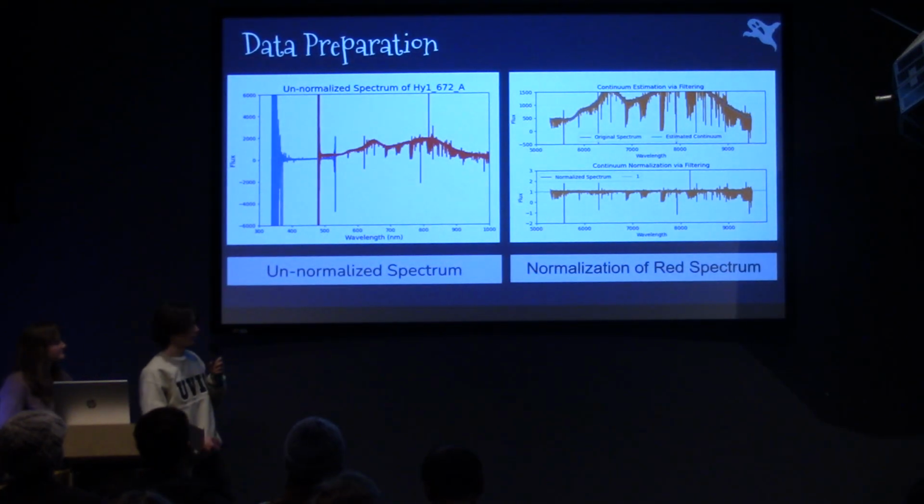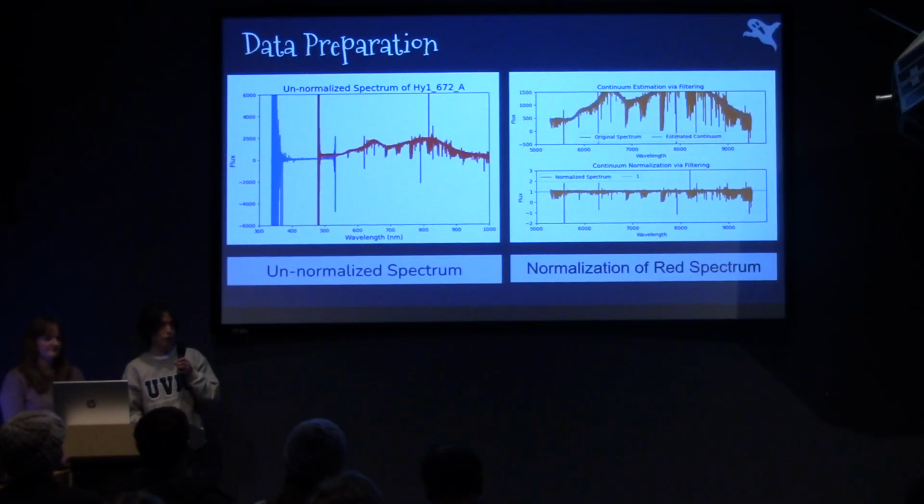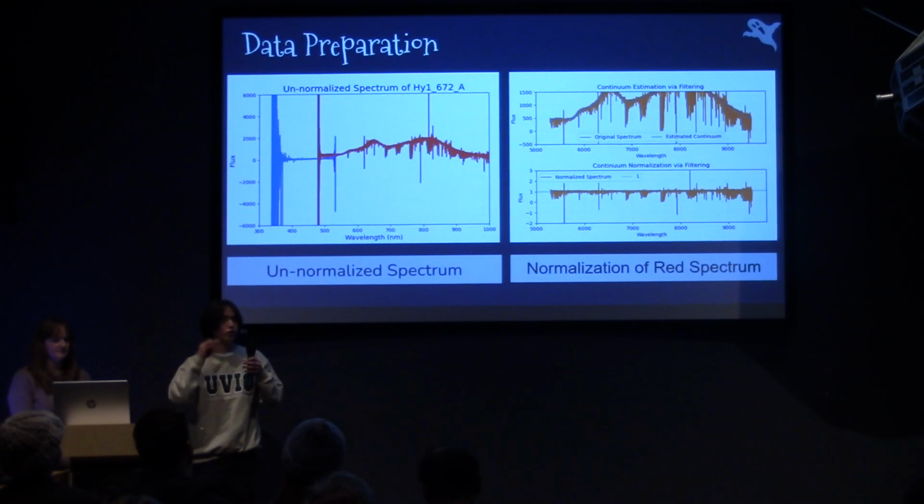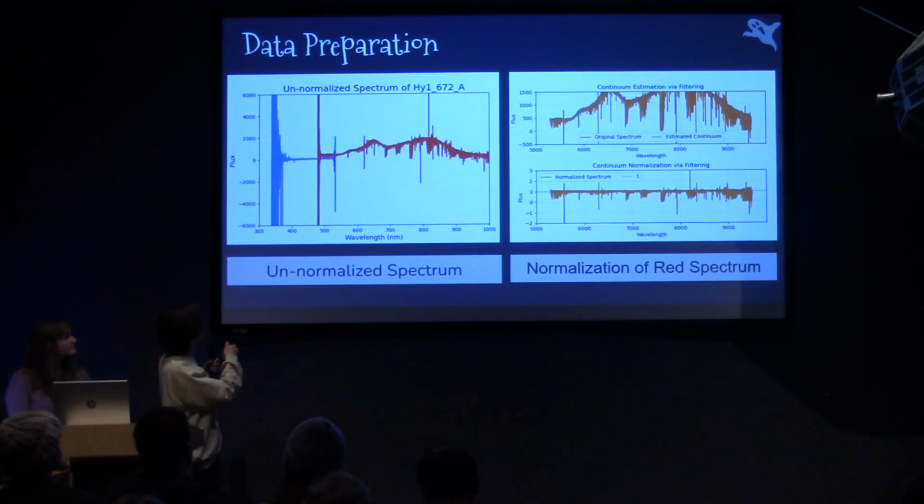Data preparation. The data that we obtained from GHOULS was split into two different regions of the spectra. As you can see up here, there is the blue region and then the red region.